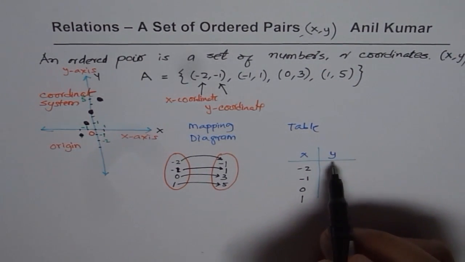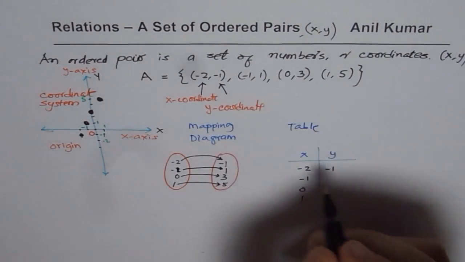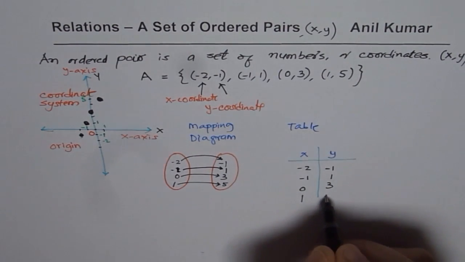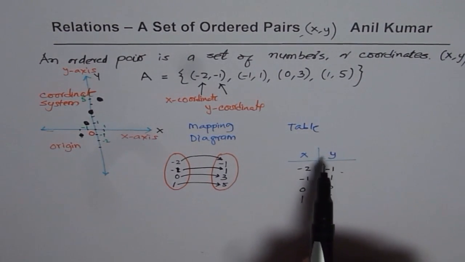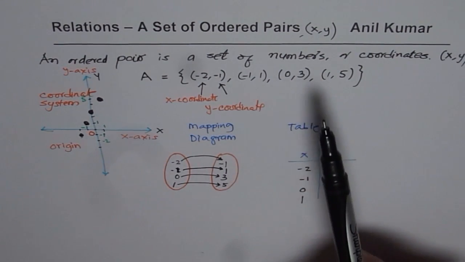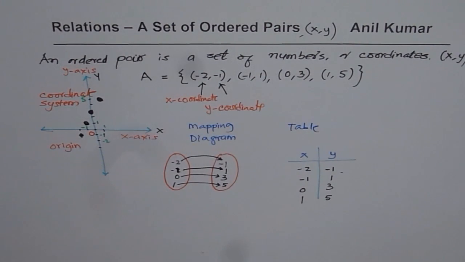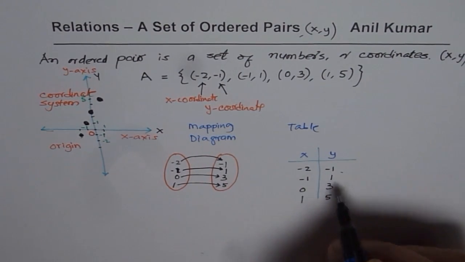The output is the y coordinate, so it is -1, 1, 3 and 5, right? So this table also relates to the same relation which we had represented earlier with the help of a set of ordered pairs, right?